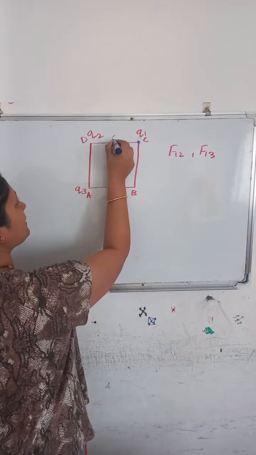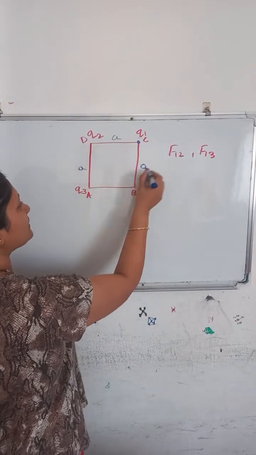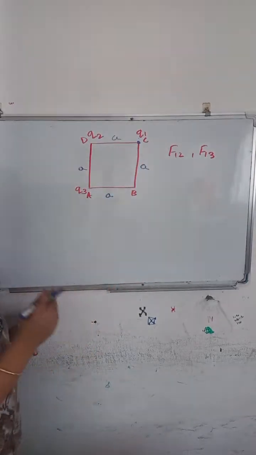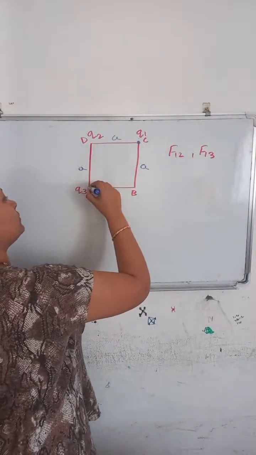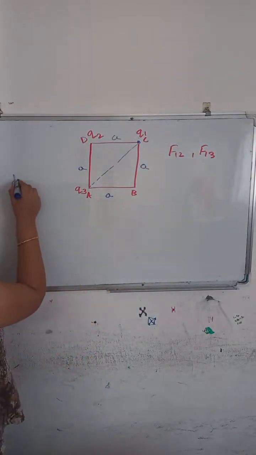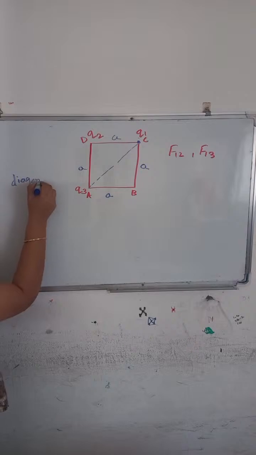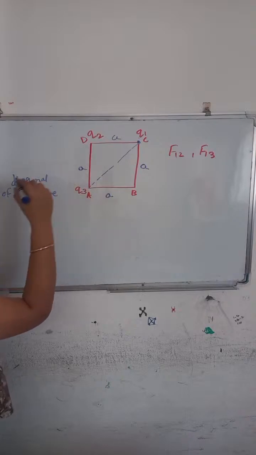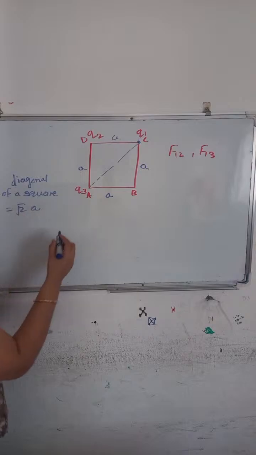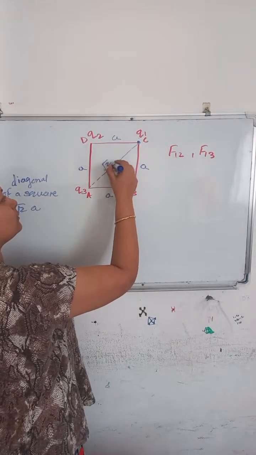This is a square, so each side is the same, but Q3 is acting on Q1 along the diagonal. We know the diagonal of a square is root 2 into a, so this distance is root 2a.